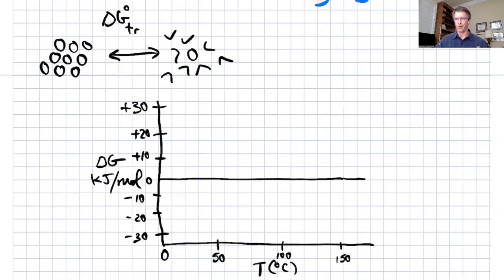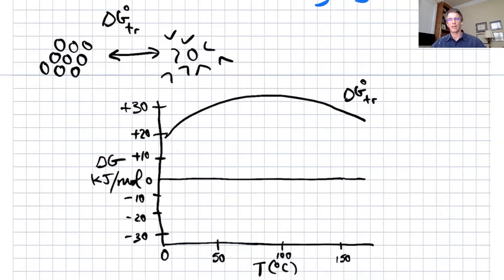Well, at all these temperatures, this isn't very favorable. The transfer free energy basically looks something like this. It's never favorable, right? So the delta G for transfer is always positive. There's never a situation across this temperature range where you can make that transfer from the organic into the aqueous favorable.